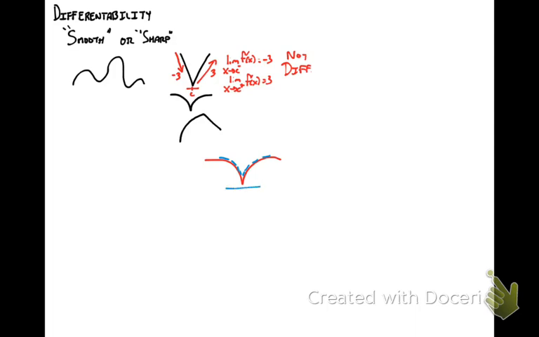So again, if this is the point C, and we're talking about the derivative at C, the limit as x approaches C from the left of the derivative of our curve is -infinity, because the line's getting steeper and steeper to the left of C, while the limit as x approaches C from the right of our function is +infinity, because the line is getting steeper and steeper, but with a positive slope.